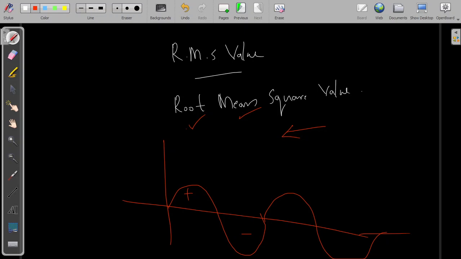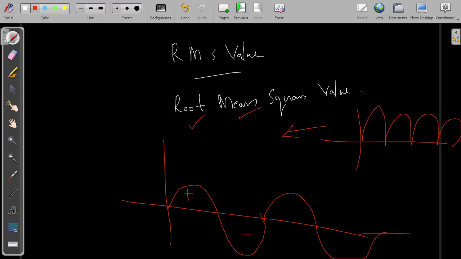So we get a waveform like this, and we take the mean of this waveform and apply the square root.